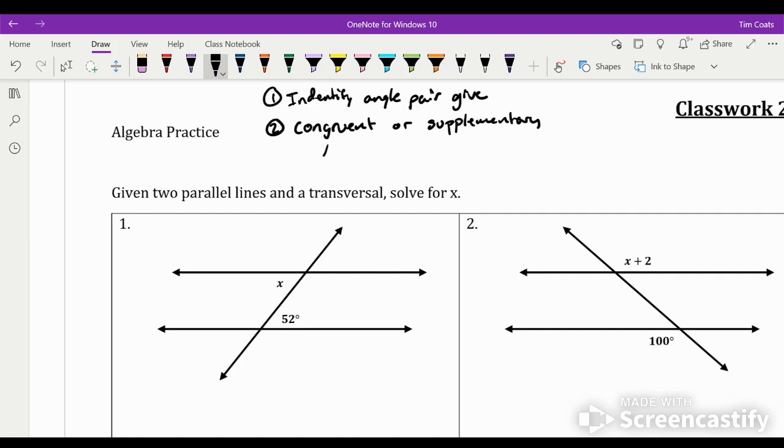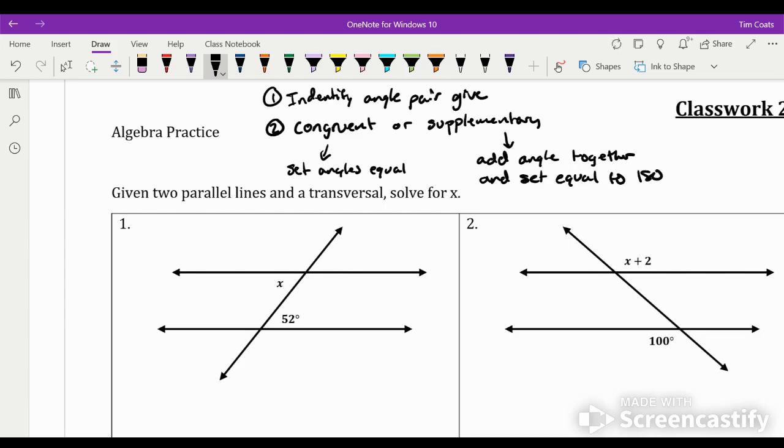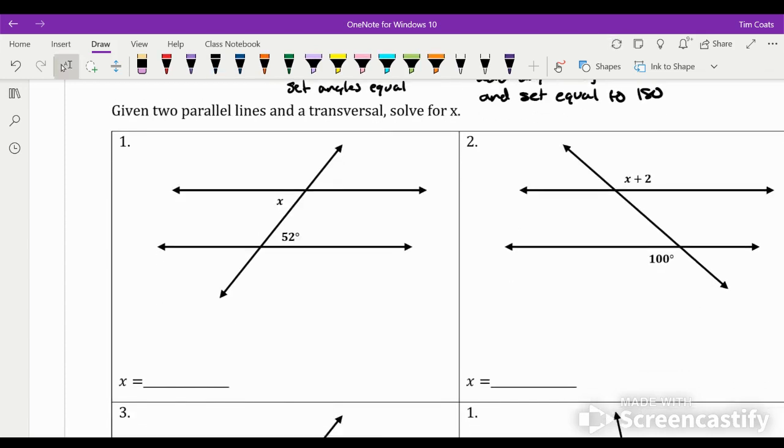If it's congruent, they're equal. Set angles equal. And if it's supplementary, you add angles together and set equal to 180.